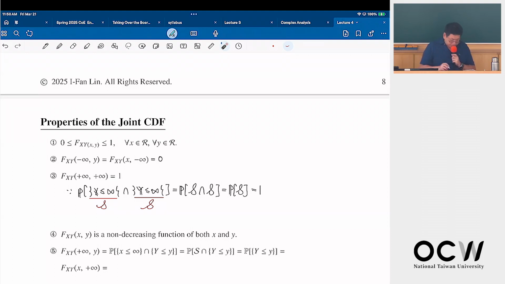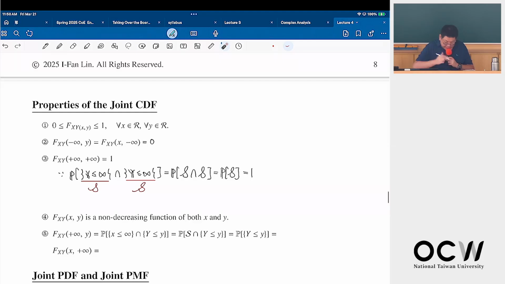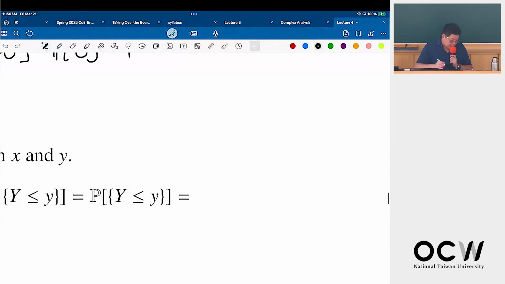Now, let's figure out what CDF this is if my x is infinity. If x is infinity, that means it is the sample space. So overall, that is the probability of y less than or equal to some point y. What is this? This is the CDF of y.